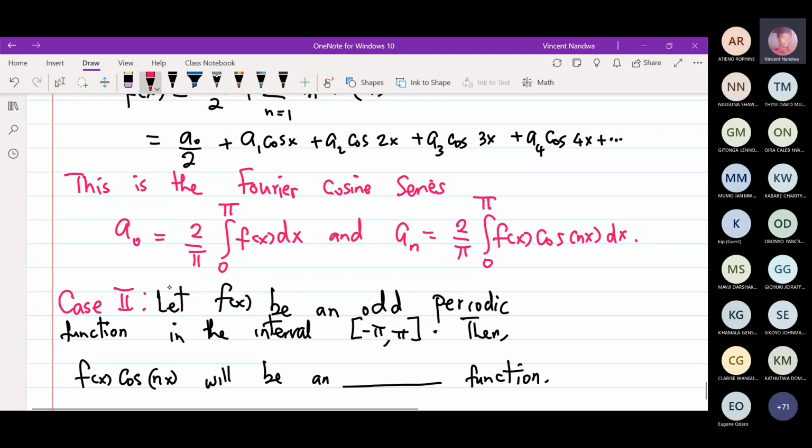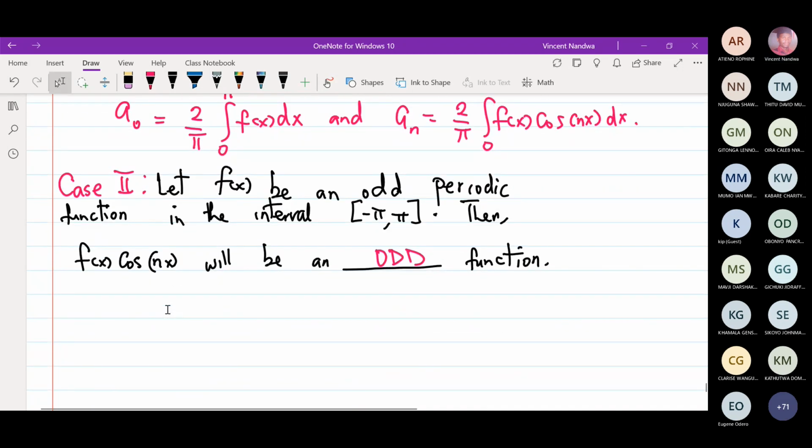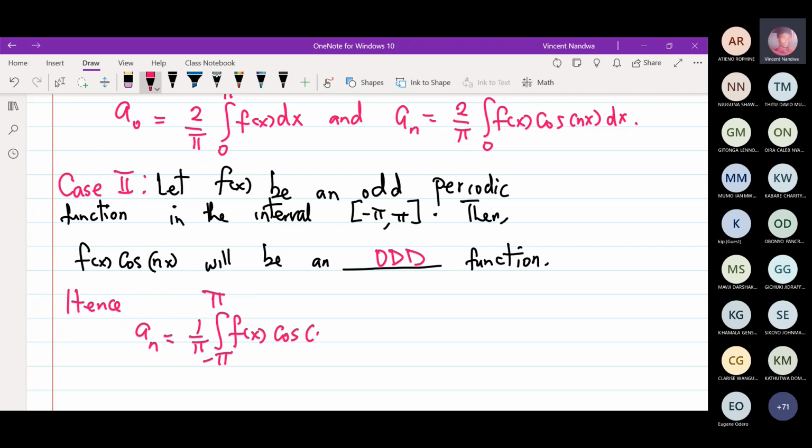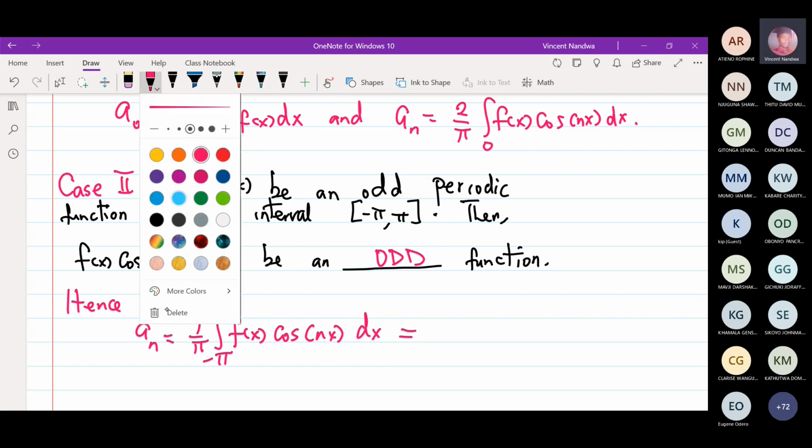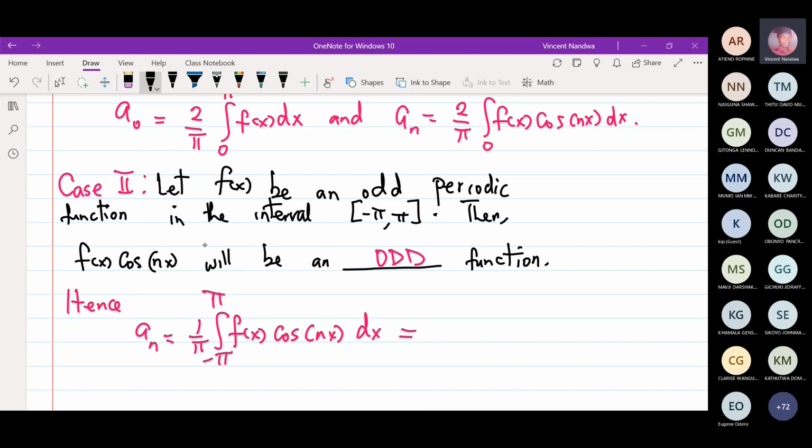Then, an, which is 1 over pi, from minus pi to pi of f of x times cosine of nx dx, with that in mind that this function here is odd, what does this give us?